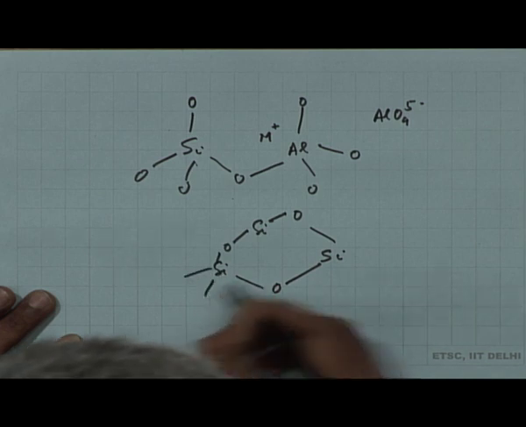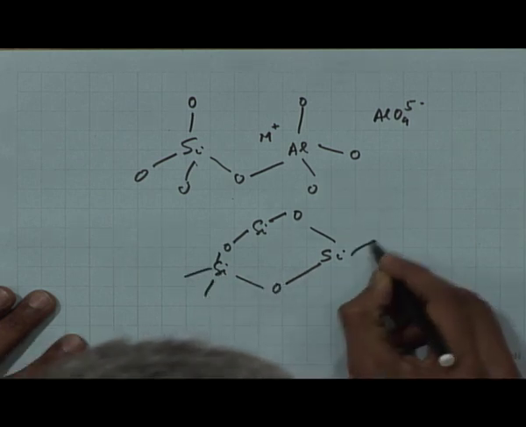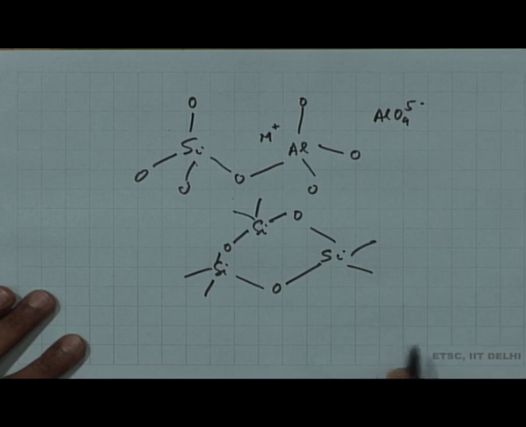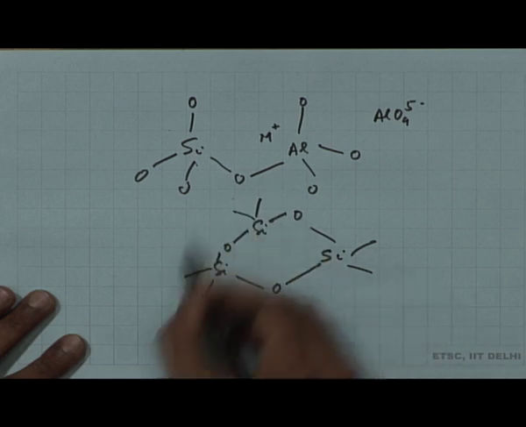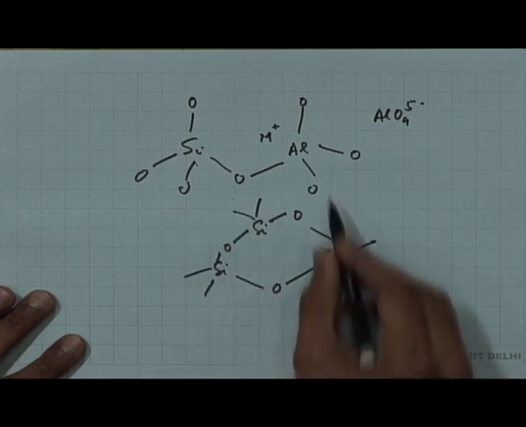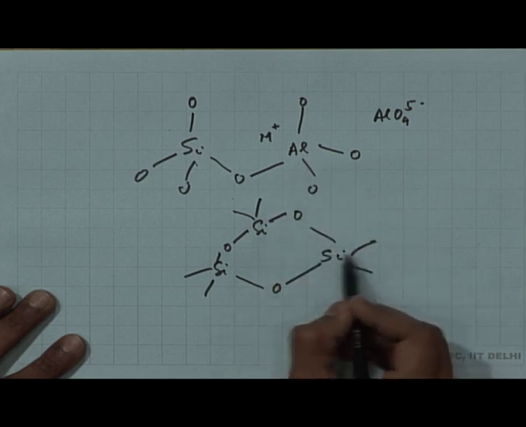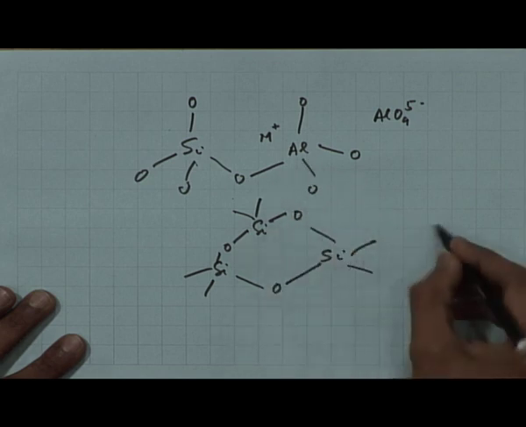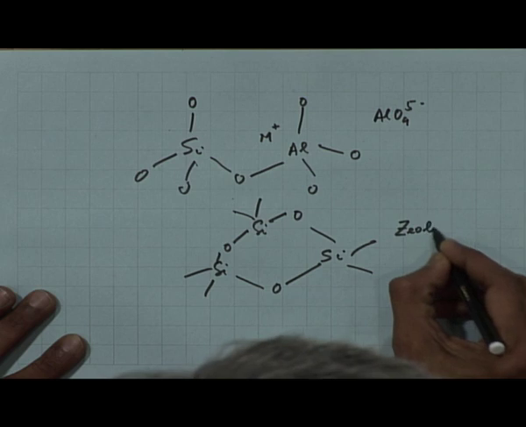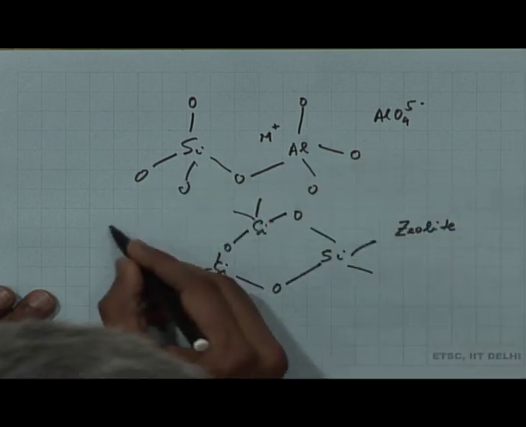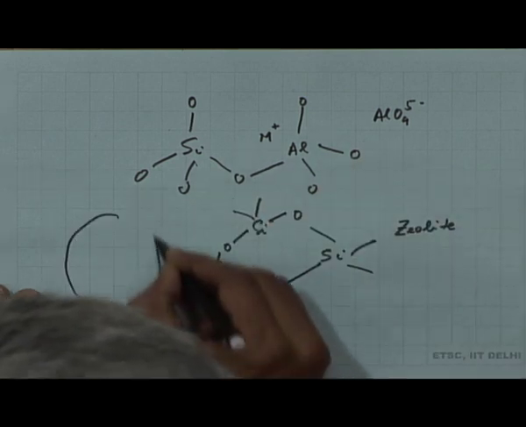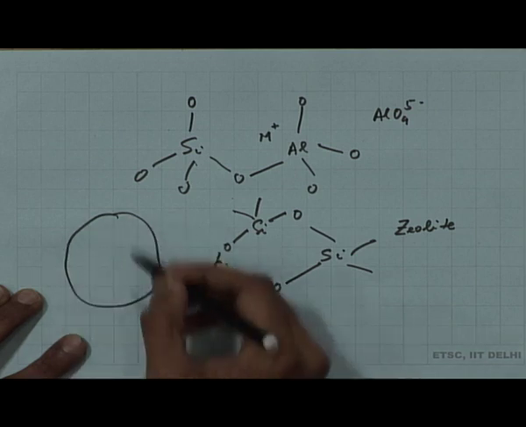And you fill this up. You must have seen this. So, you have similar kind of network, except that every once in a while you replace this with alumina. So, these are zeolites, and these can have structures with cages in it.